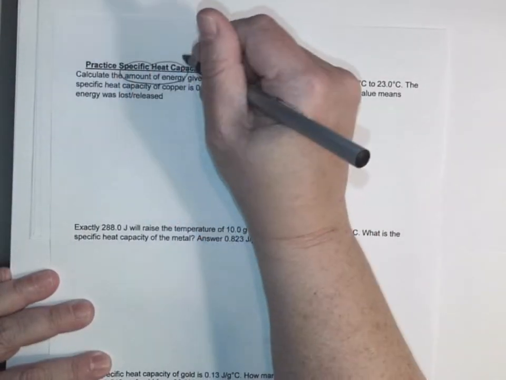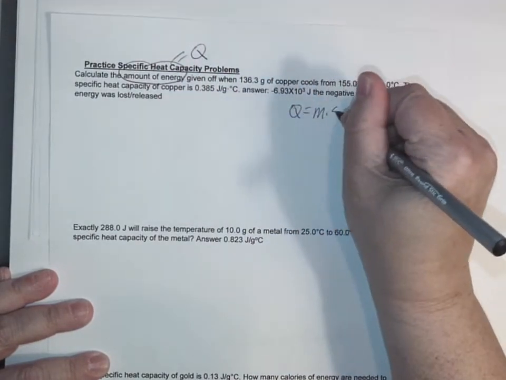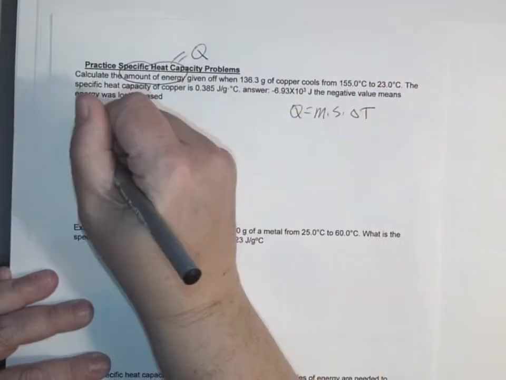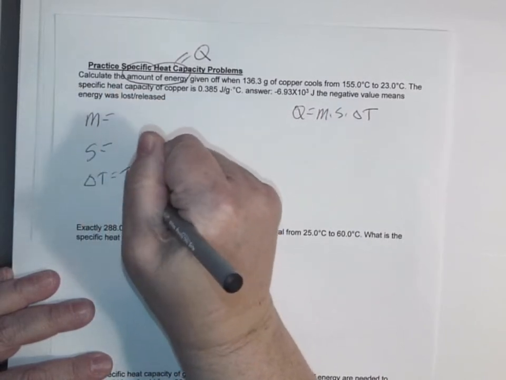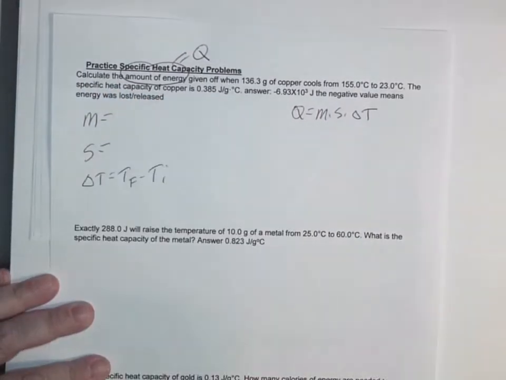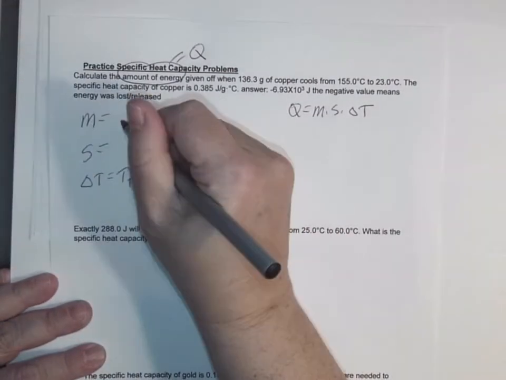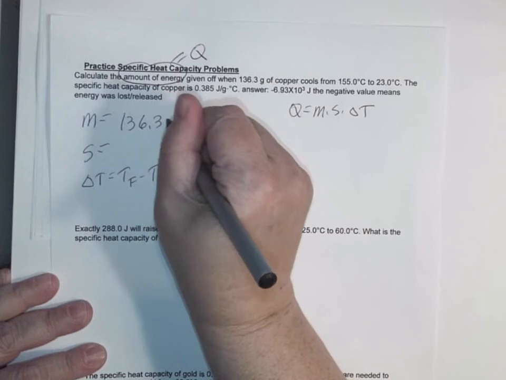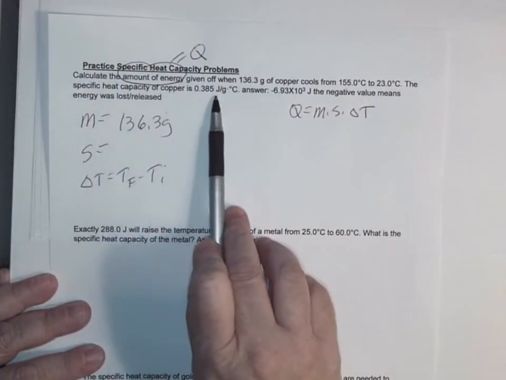All right, so this is calculate the amount of energy. So again, that's a Q that it's looking for. Notice I didn't even read the entire problem. I'm listing my variables over here, right? You're checking your answers against mine. I'm looking for a mass, which I see as 136.3 grams. I'm just going through the problem here.